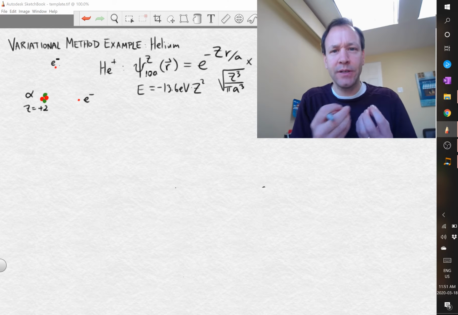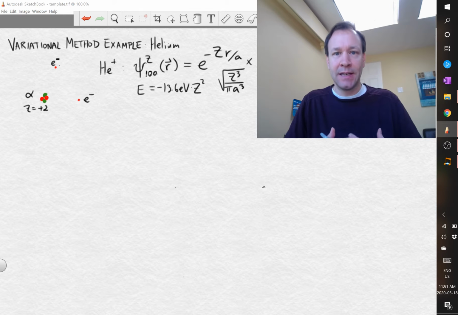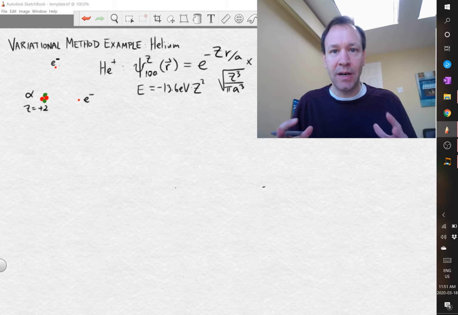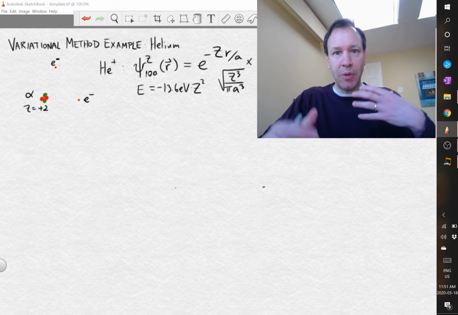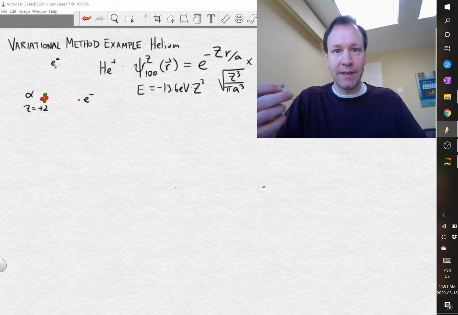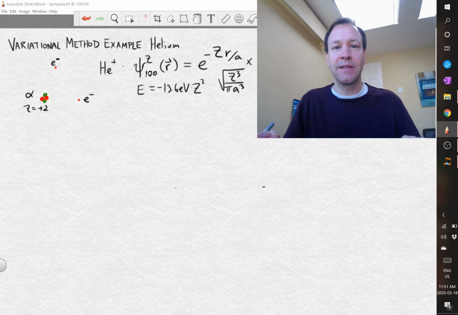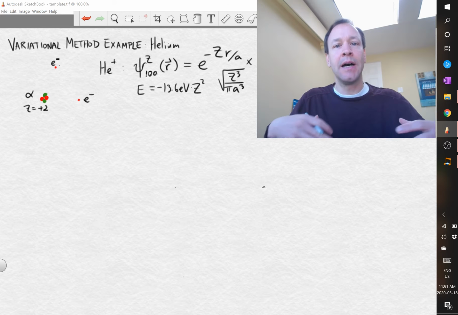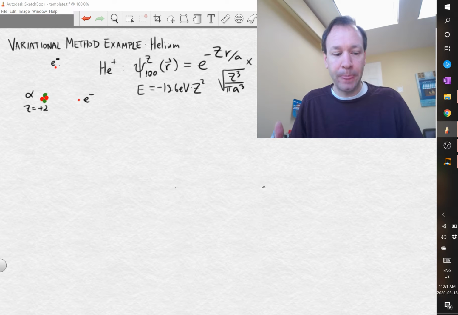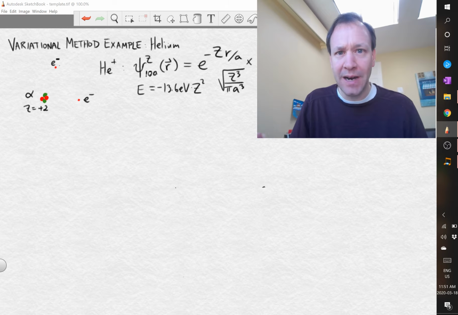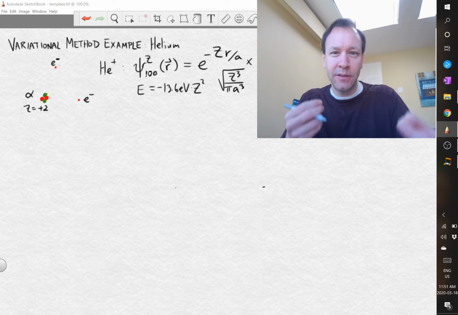Again, we're just treating the nucleus as a source for an electric field, and so it's going to come into our problem just as part of the Coulomb potential for the electrons. So we're thinking of our quantum system as just being two electrons interacting with each other and interacting with this Coulomb potential.